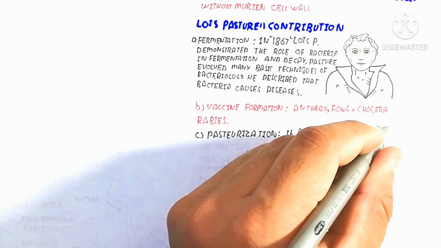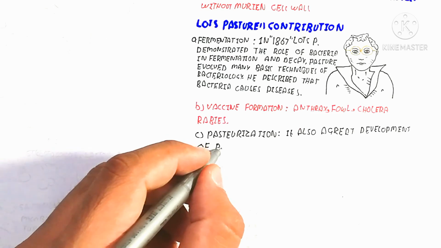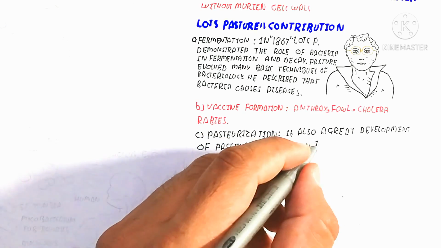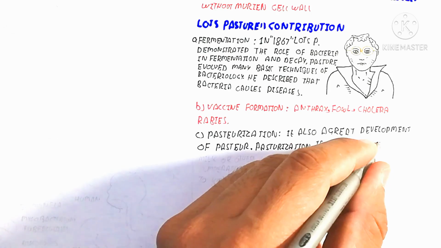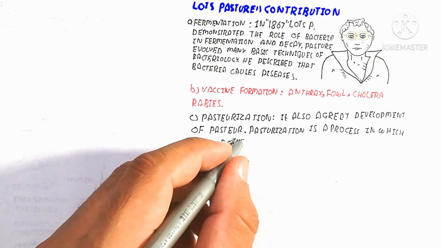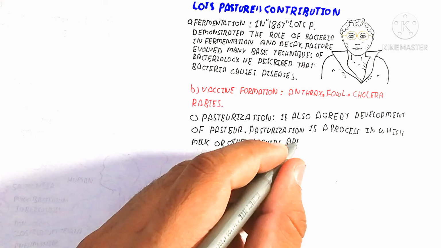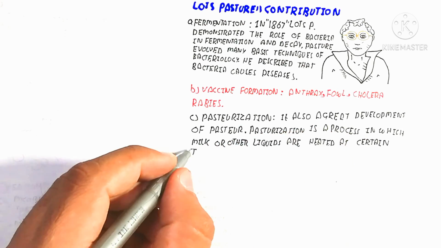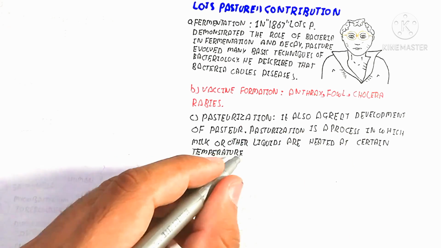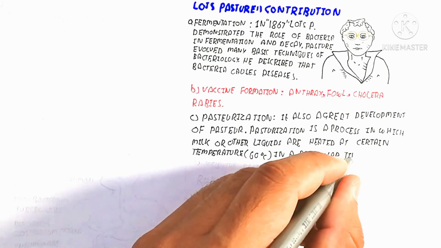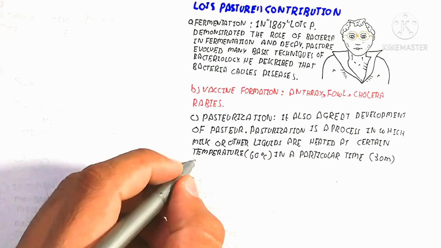Pasteurization is the process in which milk or other liquids are heated to a certain temperature, for example 60 degrees Celsius, for a particular time, for example 30 minutes, to kill the bacteria. Bacteria are maintained at a normal temperature and environment.